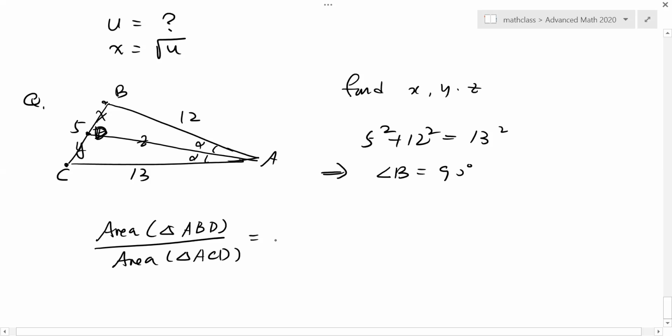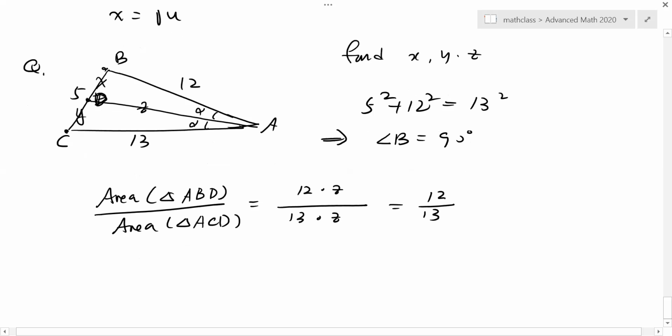First of all, we have two comparison theorems right now. One is they have the same angle. Use the same angle, that would be the ratio of the product. So 12 times Z, 13 times Z. And actually you only get 12 over 13.